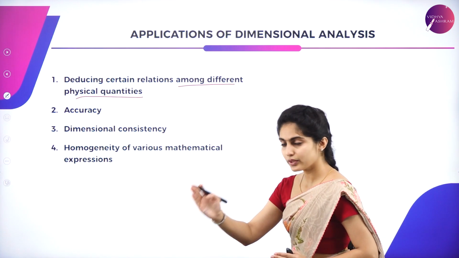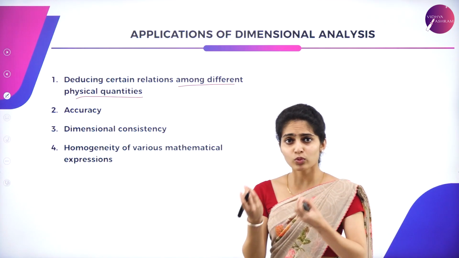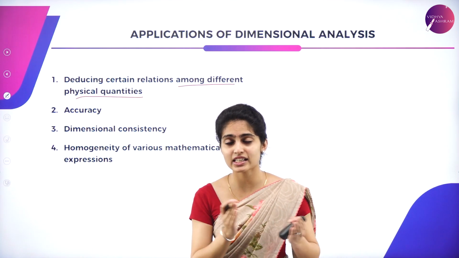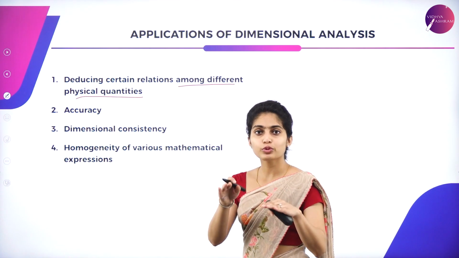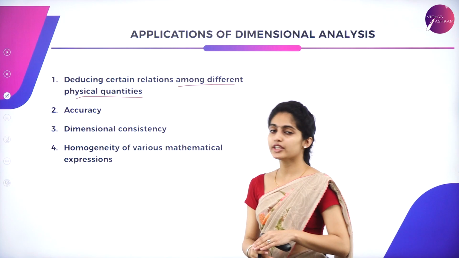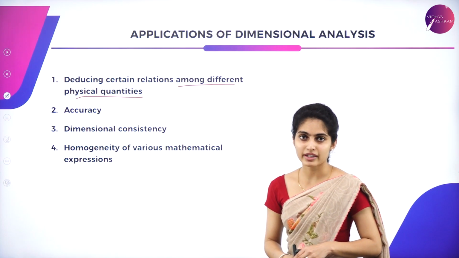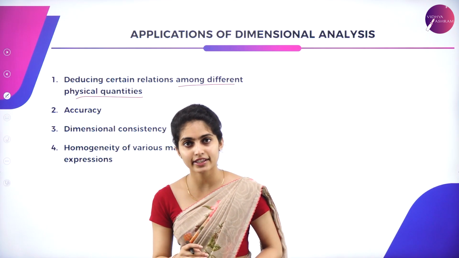So being accurate, and dimensional consistency, that is both the sides, left hand side as well as right hand side, you are reducing the equations in order to maintain the consistency. Okay, then it is homogeneity of various mathematical expressions, that is identical mathematical expressions.